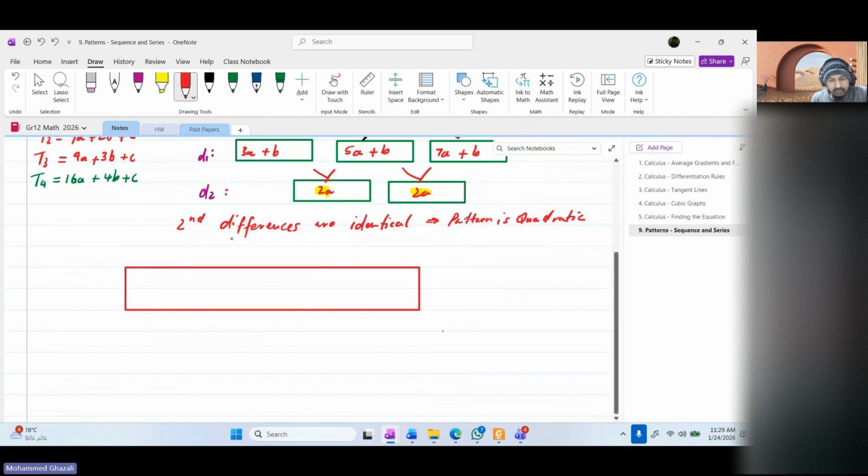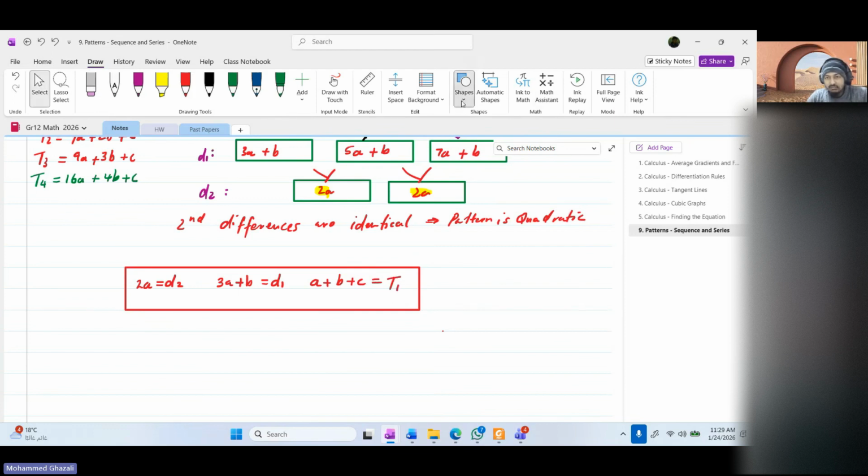The three formulas that we have are: 2a is equal to d2, 3a plus b is equal to d1, the first difference value, and a plus b plus c is equal to term 1. So the formulas didn't just come randomly.